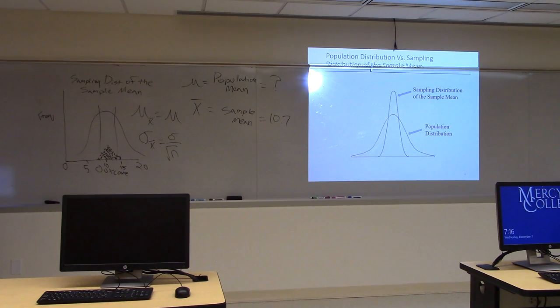And we want to ask the question, how confident are we that that is reasonably close to the true population mean? We know in the back of our head that the true population mean is 10. And it turns out with the sampling distribution of the sample mean, we can quantify exactly how confident we are that any one sample is within a certain number of standard deviations of the true population mean.